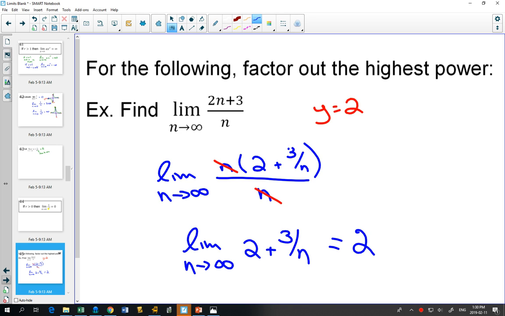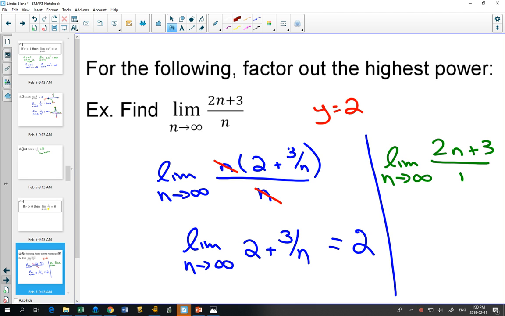Now, that being said, once you start getting good at these, you can just tell by looking at it. What you can do in a situation like this is just ignore everything but the highest power. The highest power in my numerator is n to the 1.